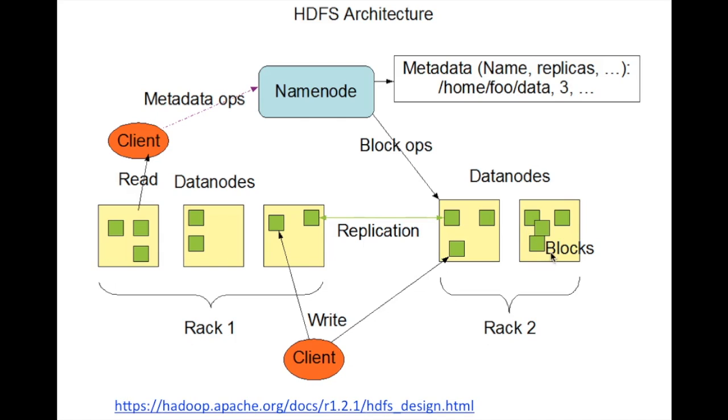All data nodes send heartbeats to the name node, so the name node knows who is alive. They also send block reports with information about what blocks are in each data node. So this is how data is stored and managed in Hadoop, but what about the processing now?